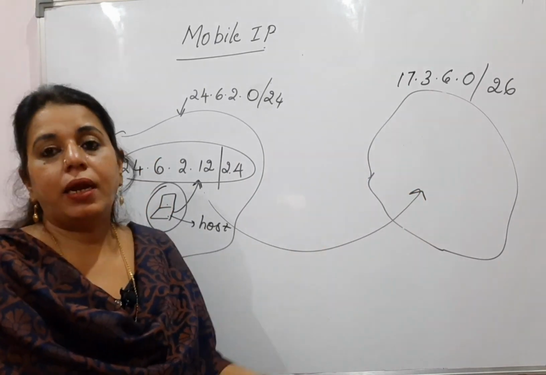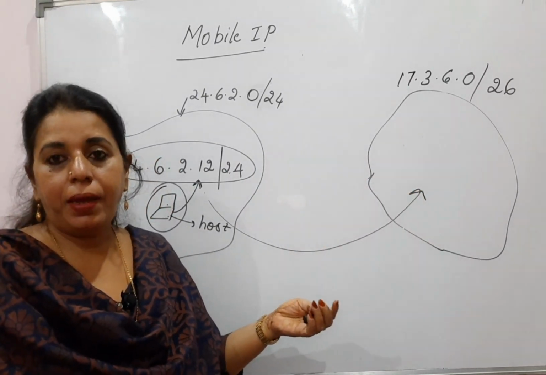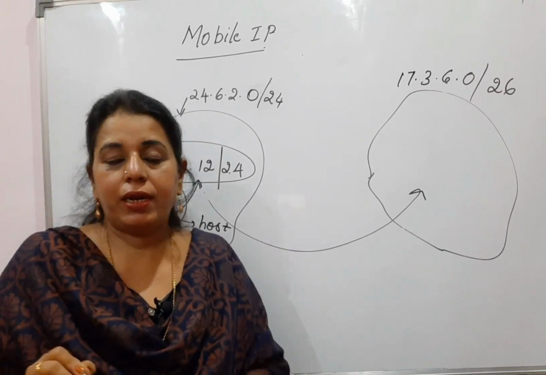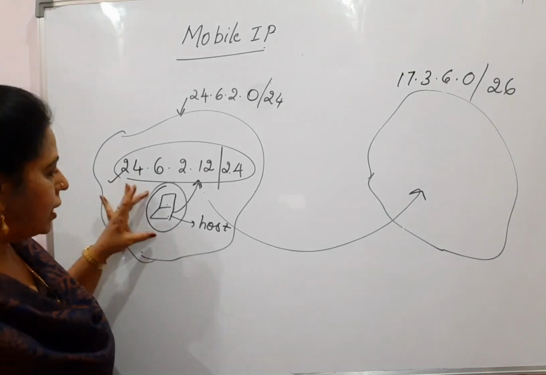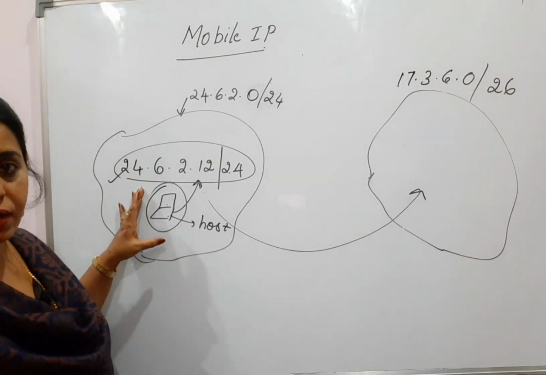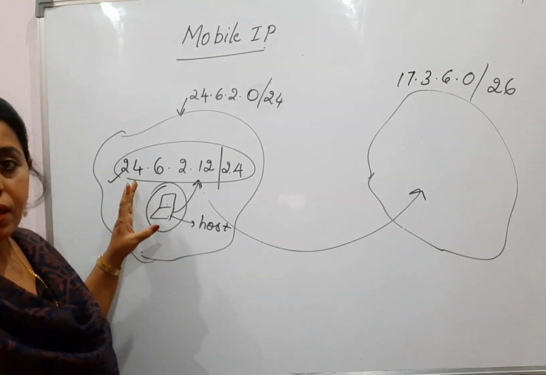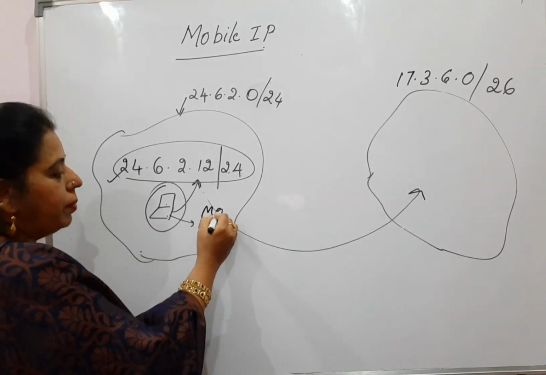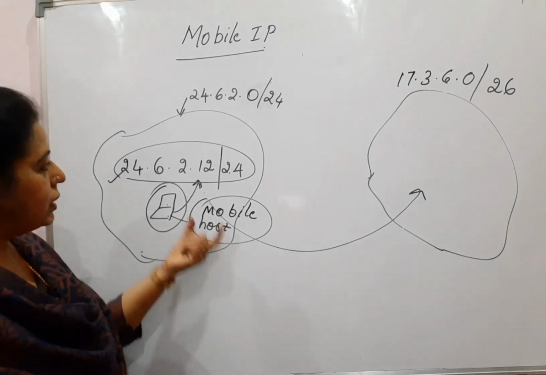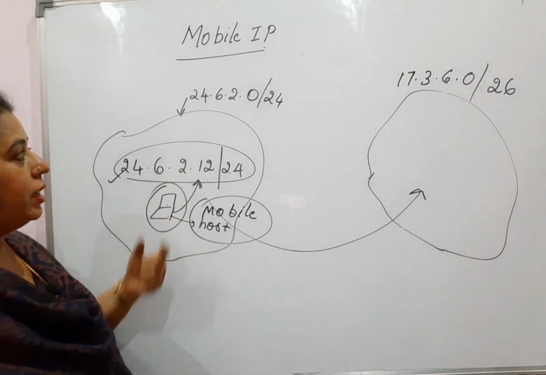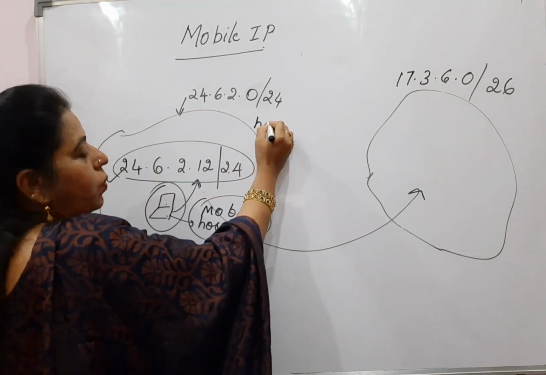Now to understand the further concepts of mobile IP, you have to get familiarized with a few terms. The host which is here in the original network, the first network where it was assigned, we call it the mobile host. Remember, this is the first term, mobile host. Since it was originally given an address for this network, we call this network the home network.